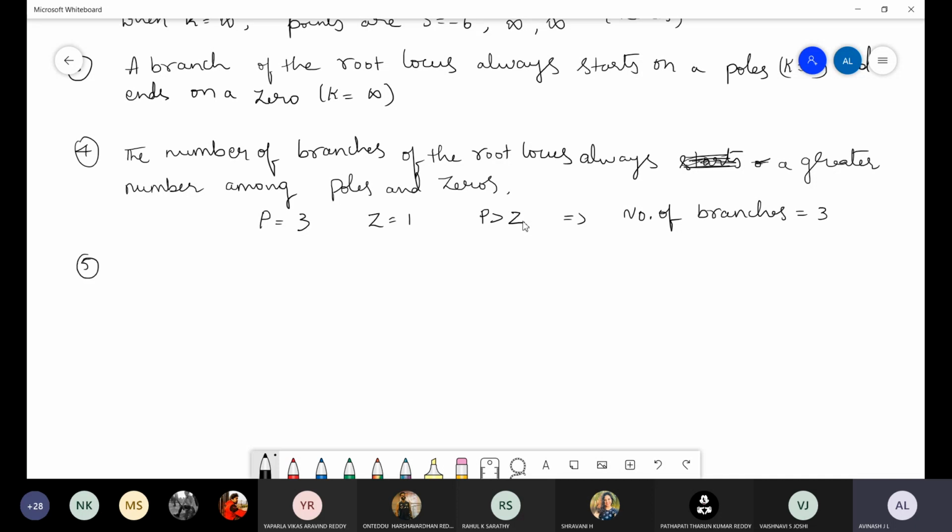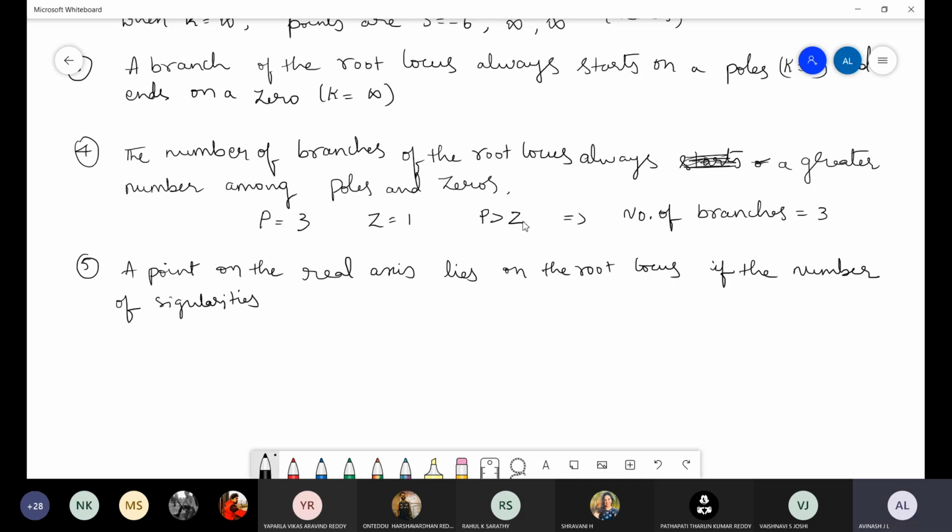So what about the fifth step? The fifth step is saying that a point on the real axis lies on the root locus if the number of singularities is odd.